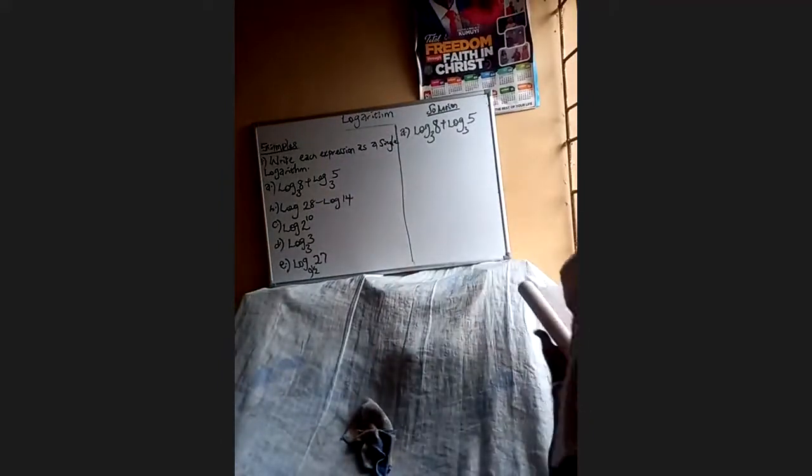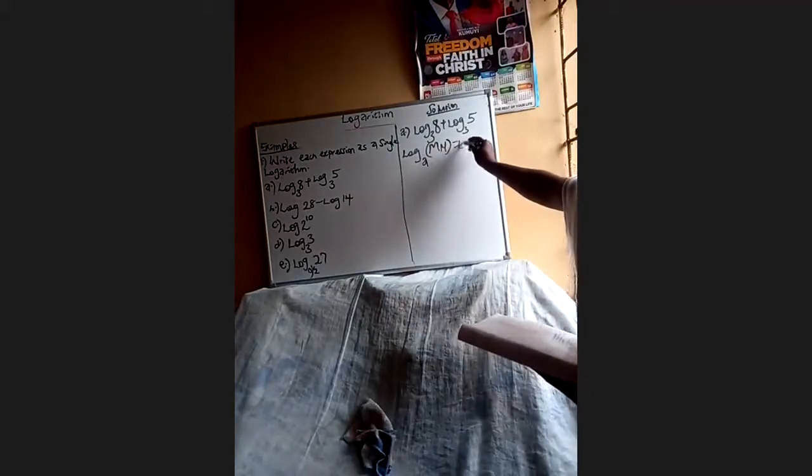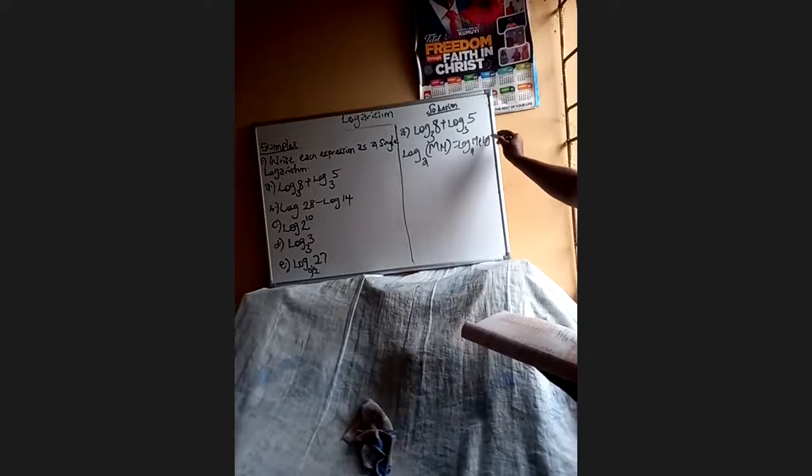Don't forget that last week we said the rule states that logarithm mn base a is equal to logarithm m base a plus logarithm n base a.